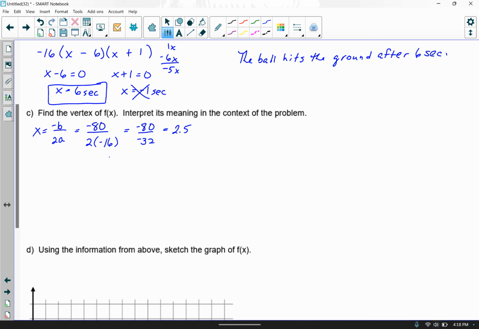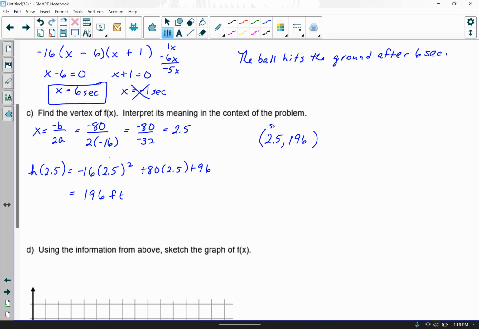Then I need to find my height at 2.5. So go to my function, everywhere I see an x, plug in 2.5. Clean that up and you should land at 196 feet because that's your height. So we're getting a vertex at 2.5, 196.